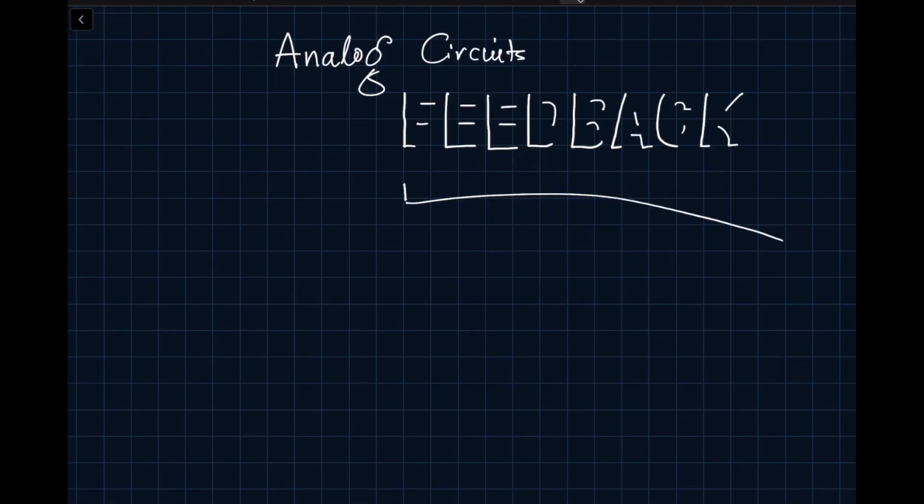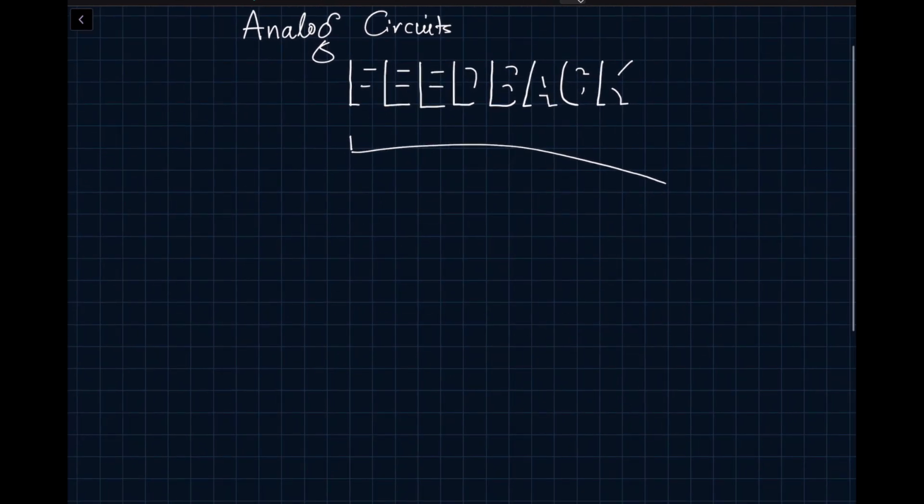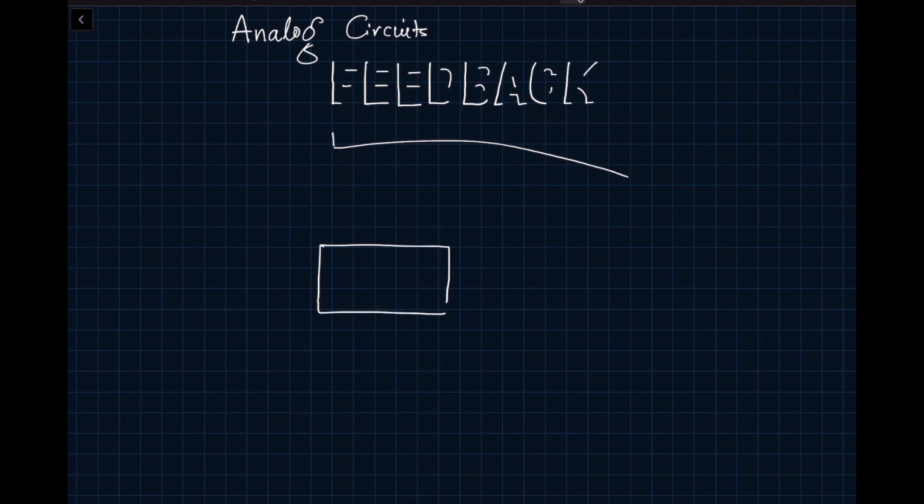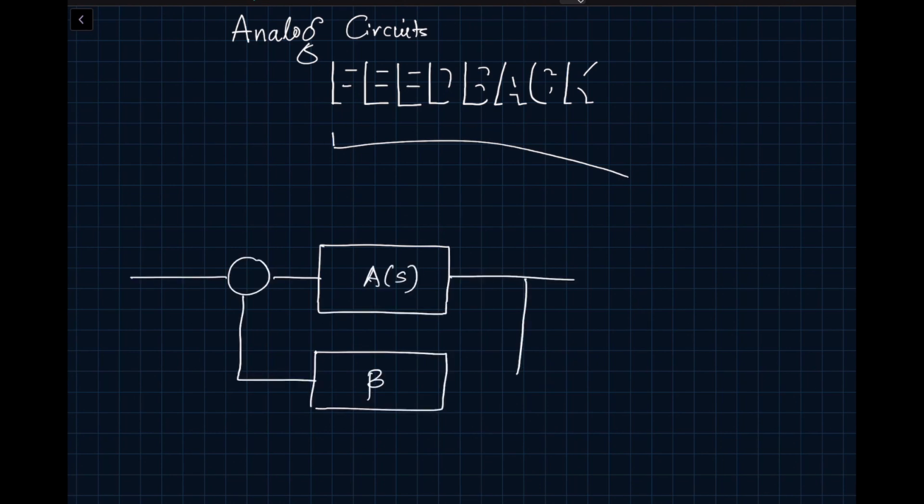So let's draw a general feedback system, and it looks like this. Signs of this summation block are important. Sometimes you may make a mistake here and then you will get a wrong answer.